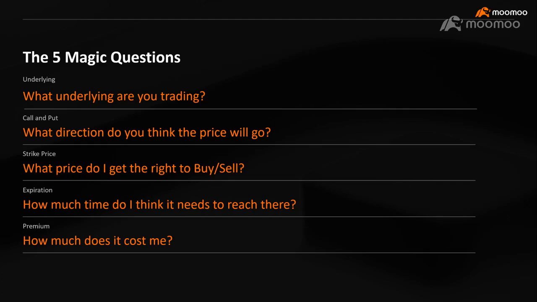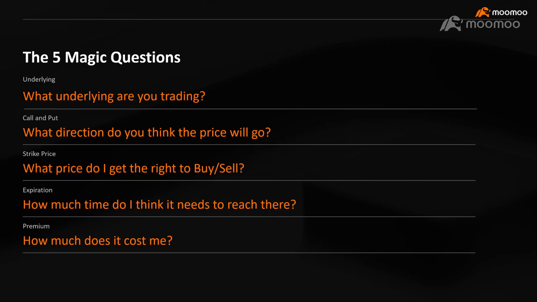certain price. The fourth one is the expiration. Because the option is a derivative, it won't be there forever. There is a time limit for the option to exist in the market, so there will be expirations. The fifth: if we want to buy the option, it's definitely not free.